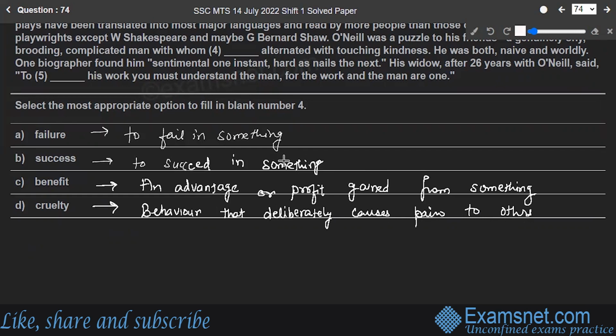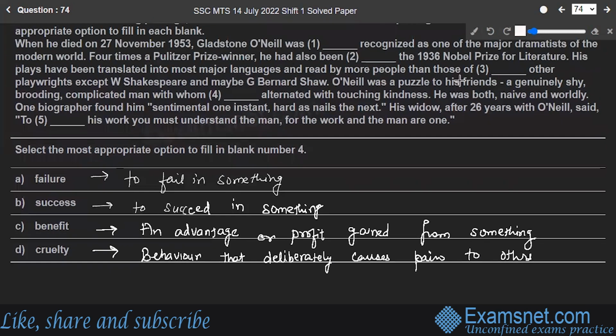Right. So over here, it is like O'Neill was a puzzle to his friends, a genuinely shy, brooding, complicated man with whom cruelty alternated with touching kindness. So, option D is the correct answer to the question.